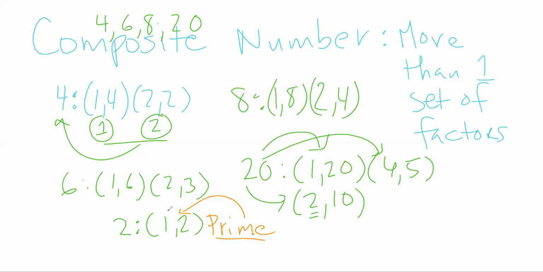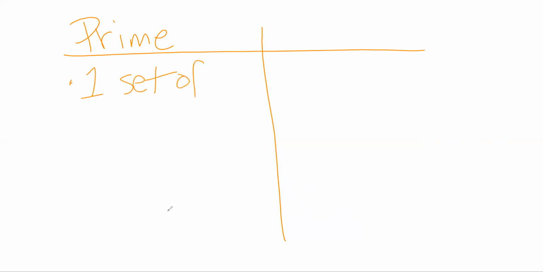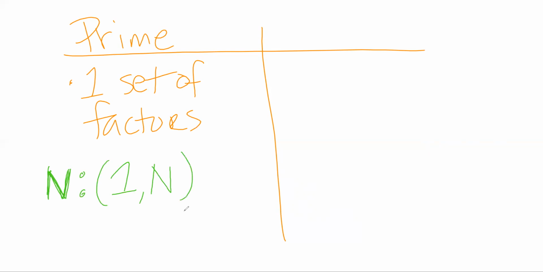So remember that. But that's really what we're looking at, prime and composite numbers, right? Let's just square it away. So if I'm prime, I have 1 set of factors, and that set is always going to be, we'll just call this any number n, the set 1 and that number. That's it.